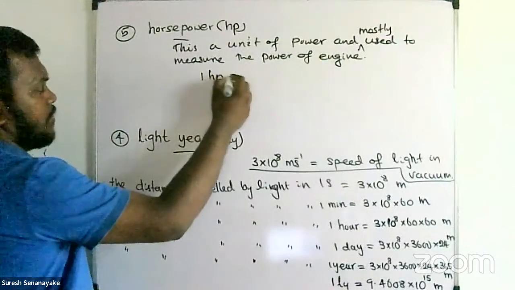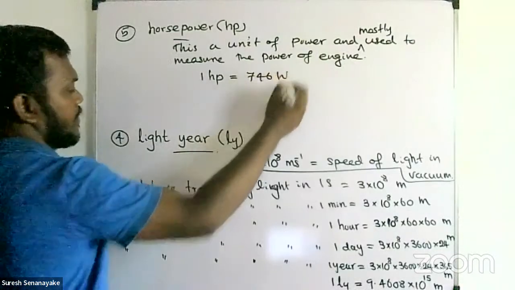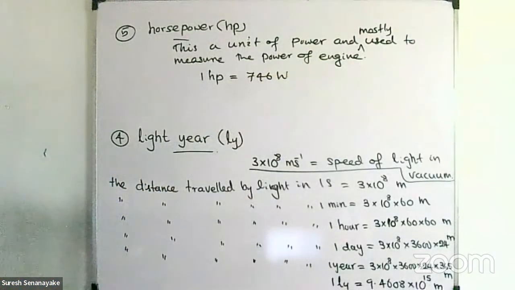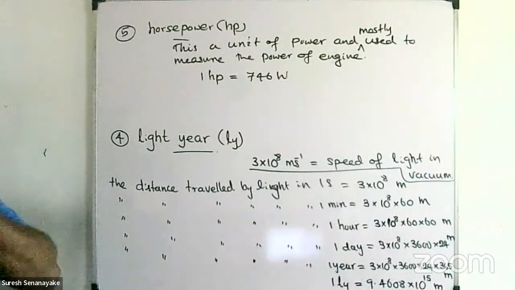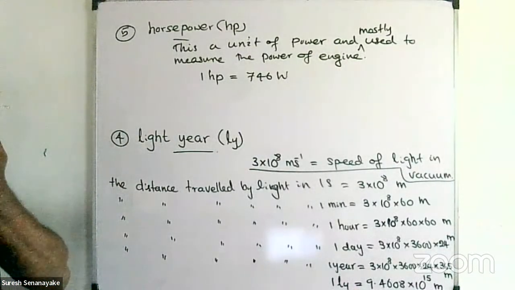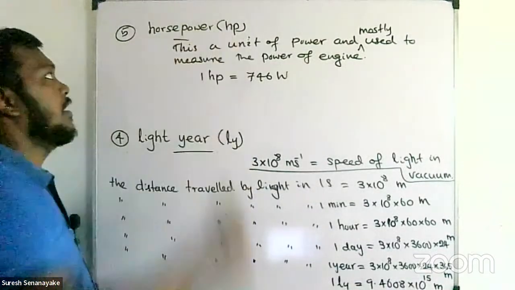You can write 1 horsepower equals 746 watts.